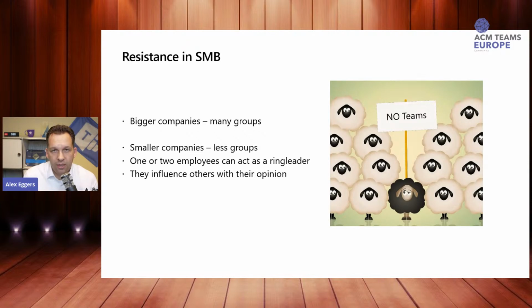Of course, not everybody, but mainly the whole company. And there will be a ringleader, somebody who is influencing the people, that he says, okay, Teams is not a good thing, we don't want this. He has a much easier position to influence the other people than you can do this in an enterprise company, yeah? Because this company is just even smaller.